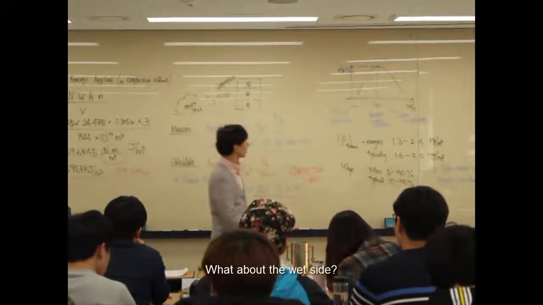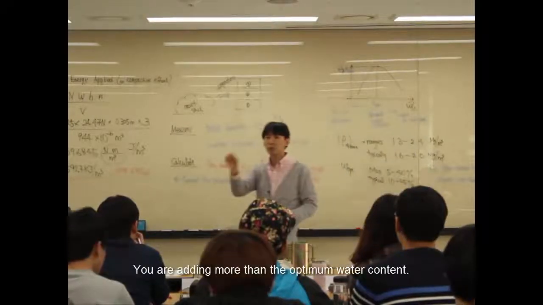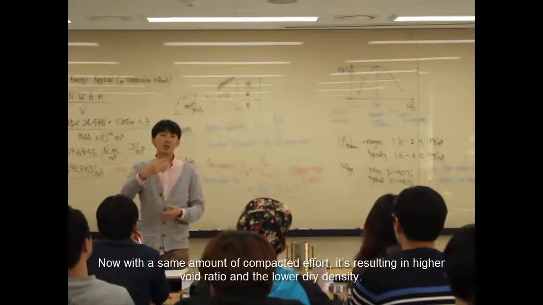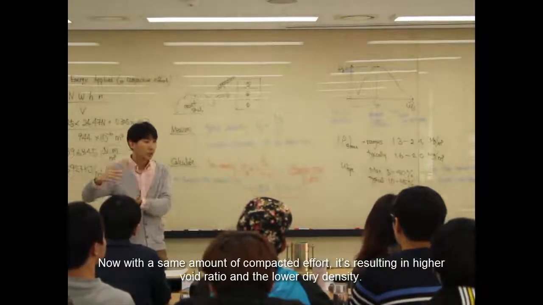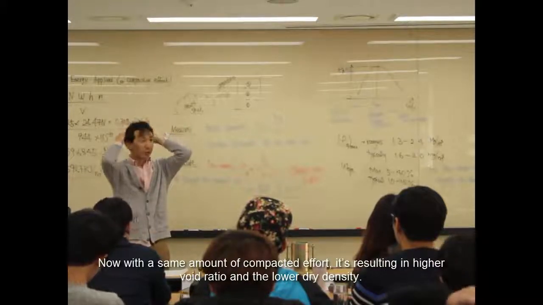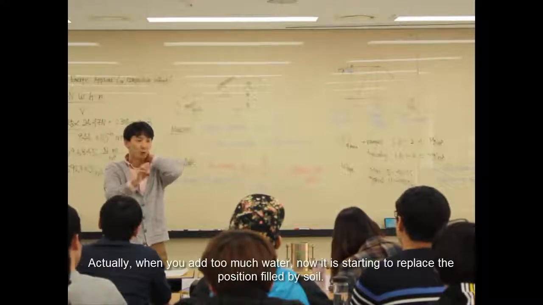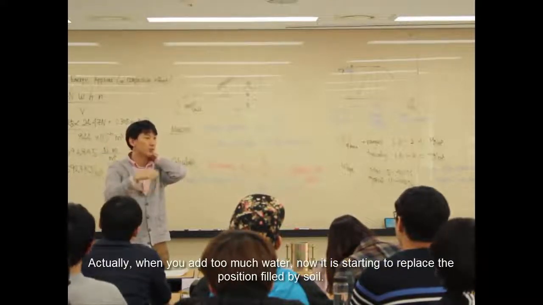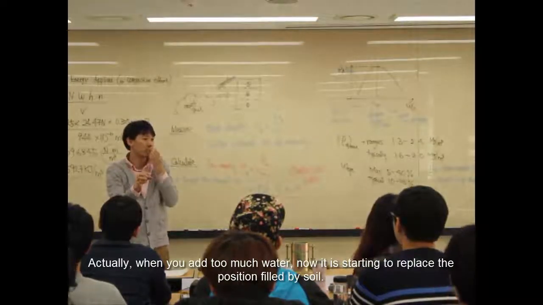What about the wet side then? Now you're adding more than the optimum water content. With the same amount of compaction effort, it results in a higher void ratio and a lower dry density. When you add too much water, it starts to replace the volume filled by soil.